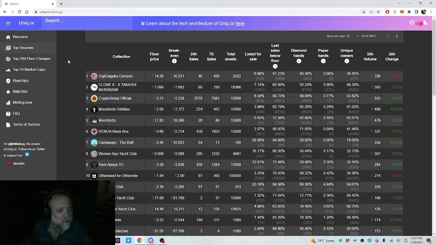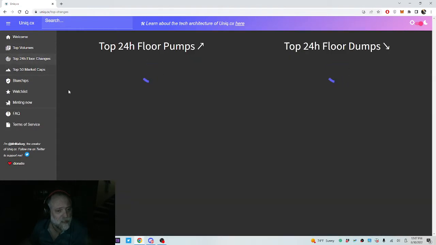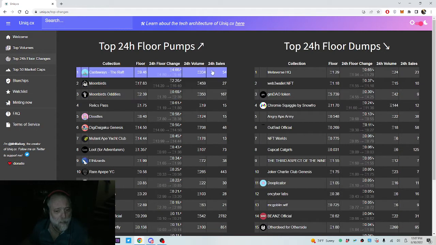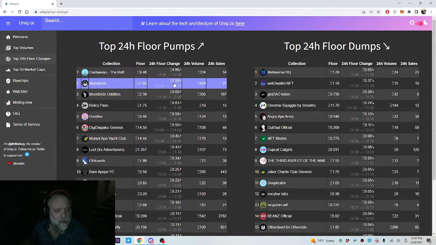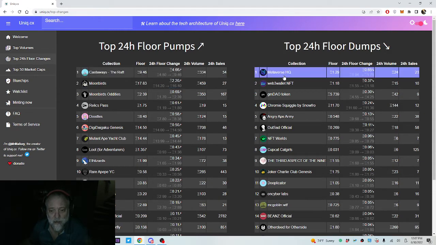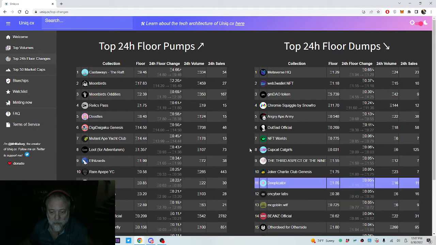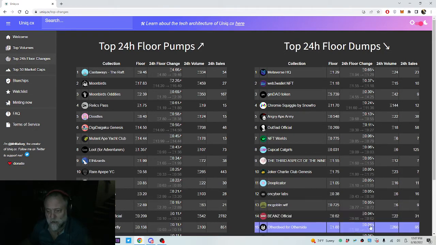So that's the top volumes. You can go to the 24-hour floor pumps. You can see which floors have gone up and by how much on any given 24-hour period, and your floors going down. I like this page a lot because it'll give you a quick synopsis of the top 15. Like Other Deeds have gone down by 0.04.